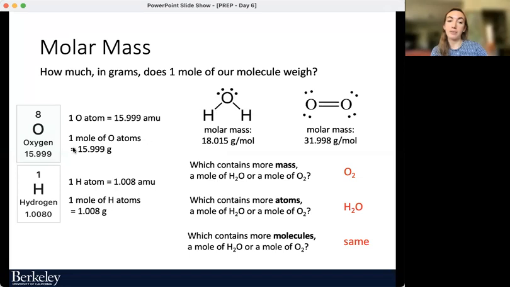So in 1 mole of H2O molecules, I have 15.999 grams of oxygen, and I have 2 moles of hydrogen atoms, so I have 2 times 1.008. So I have 1 oxygen and 2 hydrogens. So I took 15.999 plus 2 times 1.008.